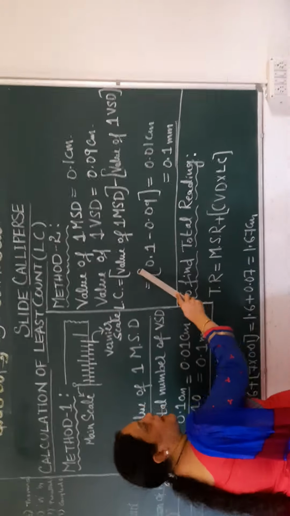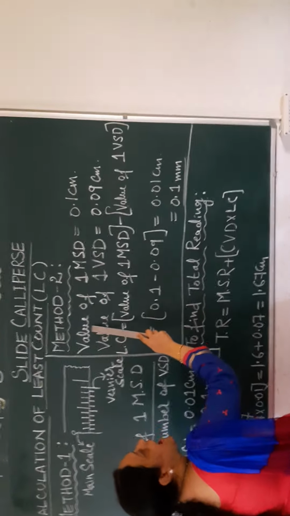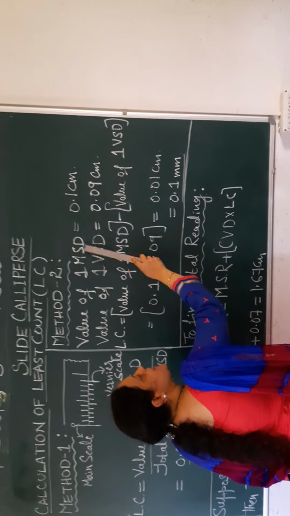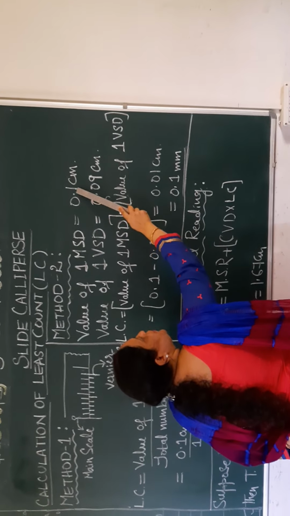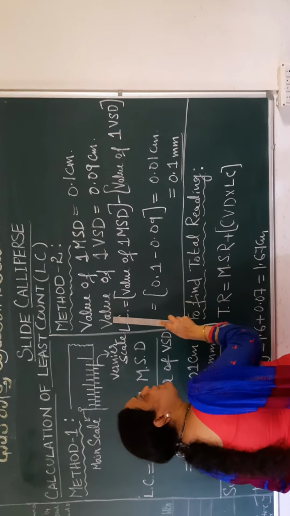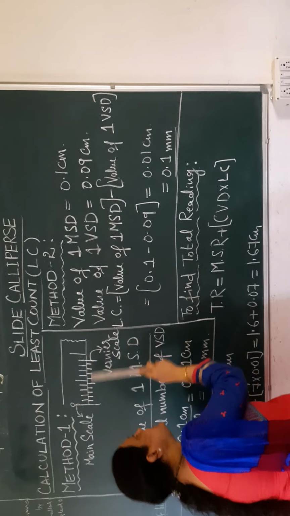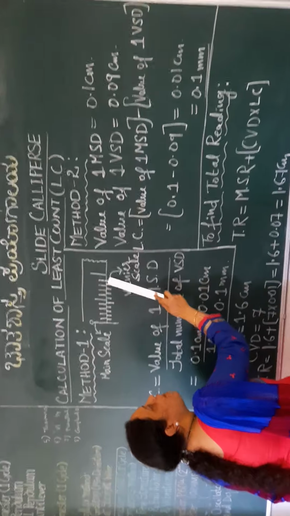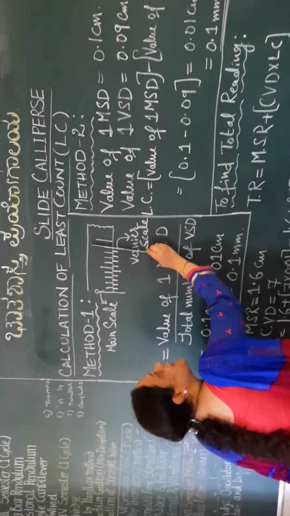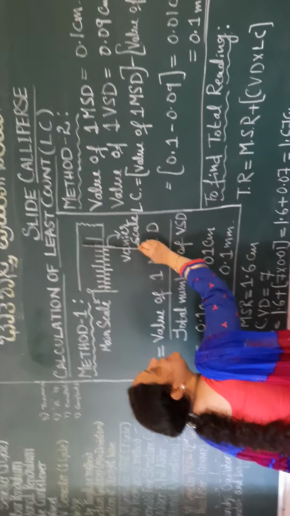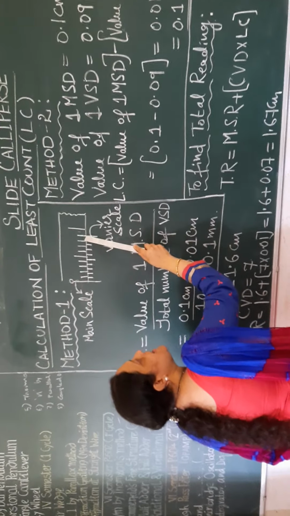Coming to the second method, the value of 1 MSD again remains the same, equal to 0.1 centimeter. I have shown you that on the instrument, the 10 divisions of the vernier will exactly coincide or end at the 9th division of the main scale.